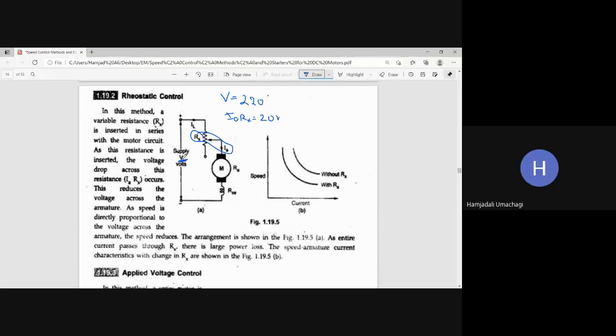So the applied voltage is 220, but the voltage available to this motor is 200.